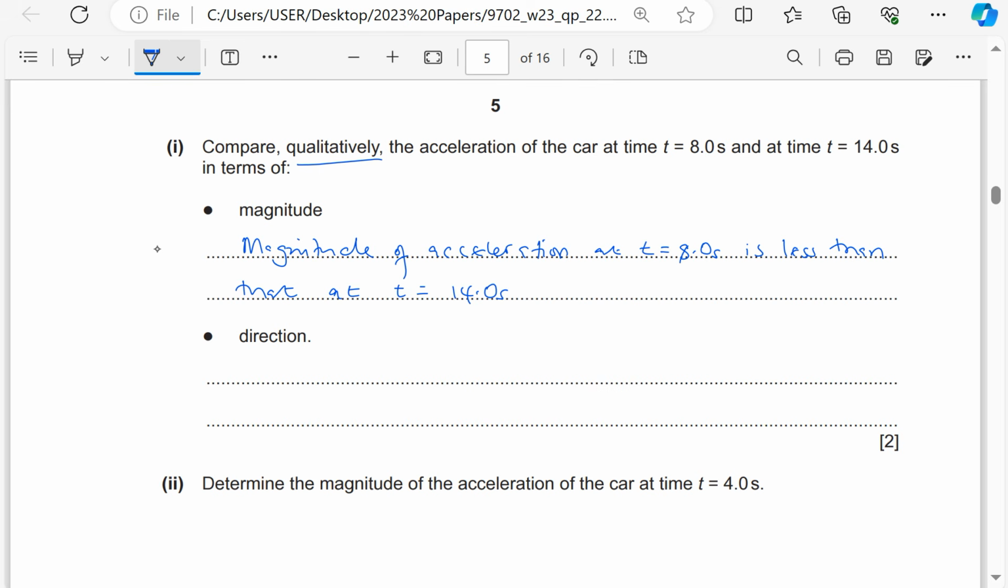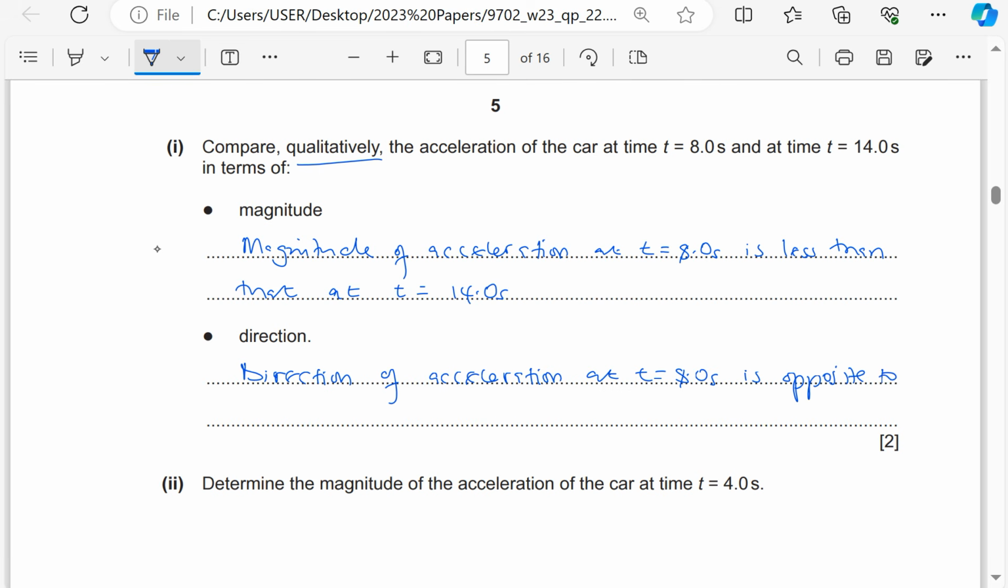I've already verified that by calculation. The direction of the acceleration at t equals 8 is positive, or is opposite. I would just say is opposite. So direction of the acceleration at t equals 8.0 seconds is opposite.